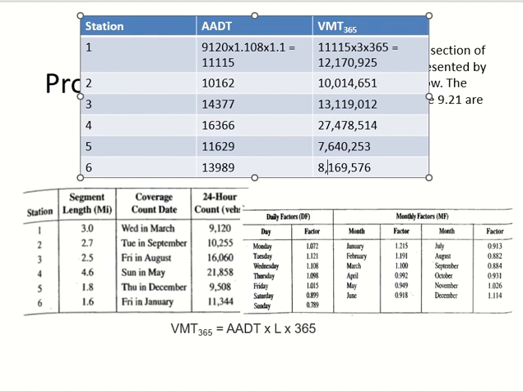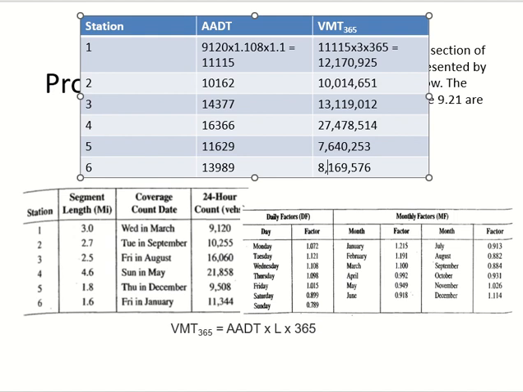VMT shows what? The number of vehicles is more, and also the length is also more, right? So length plus number of vehicles combined, they show what about the segment?